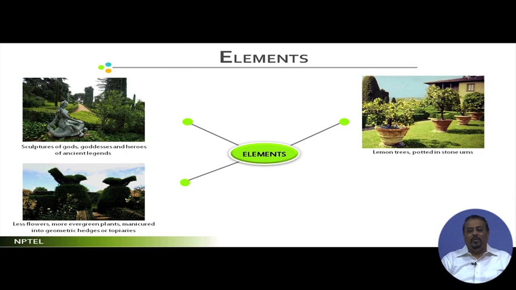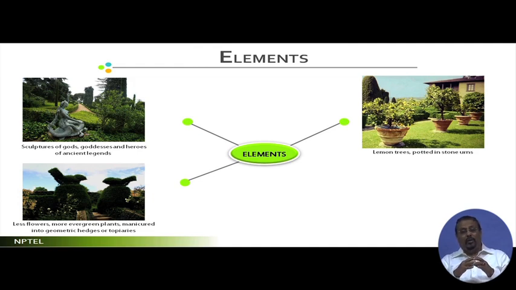The next one is very interesting. It's topiaries. What they have done is, they created animal forms with the plants. This topiary is a different construction style. In later occasions, when I discuss the construction styles of different elements, at that time I'll discuss this in detail, but still let me give you an idea. Basically what they do is they create a wire mesh.